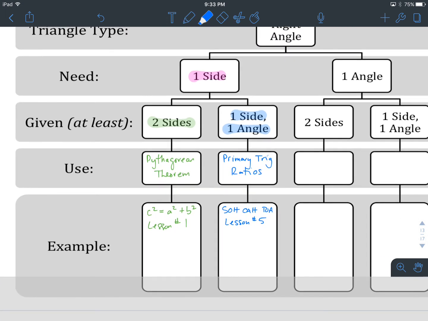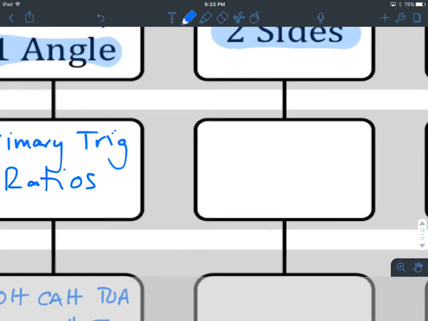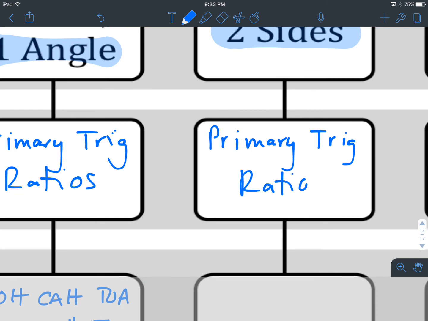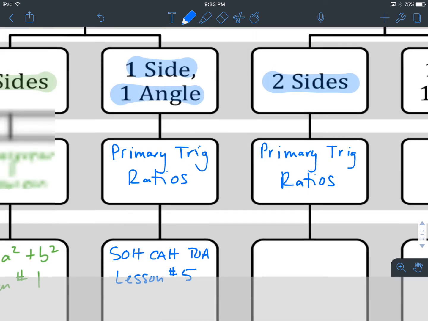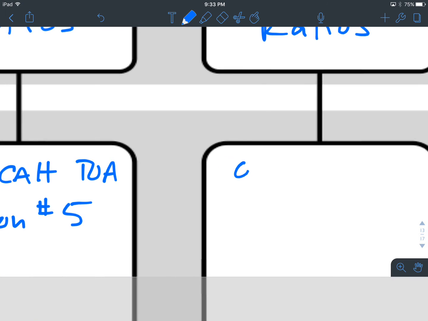What if what we need is an angle? And what we've been given are 2 sides. If we've been given 2 sides and we're trying to find an angle, we are going to use the primary trig ratios again. We've got our primary trig ratios, that's SOHCAHTOA.